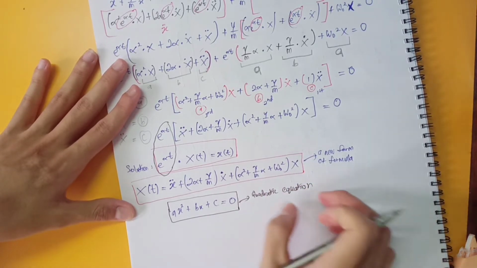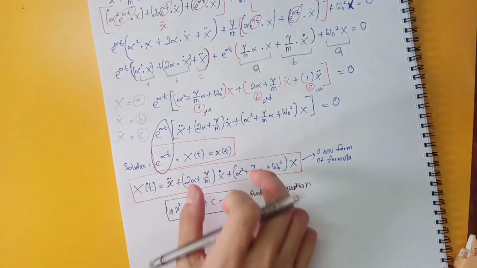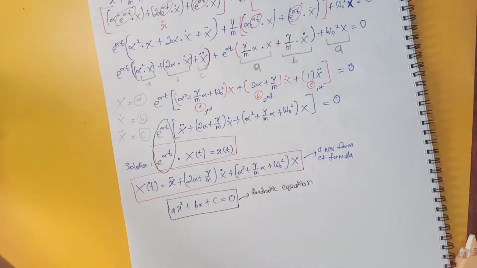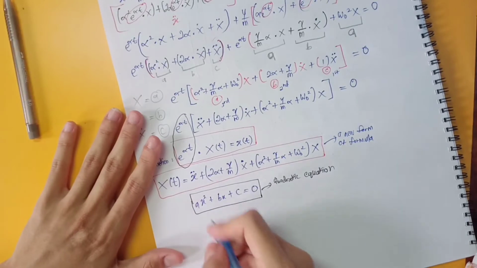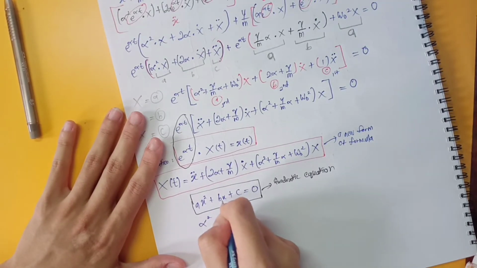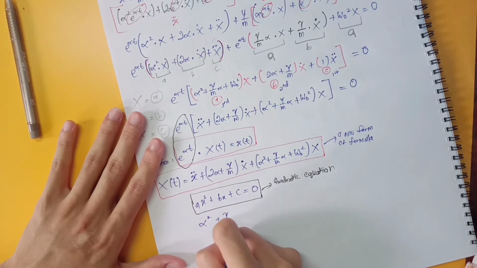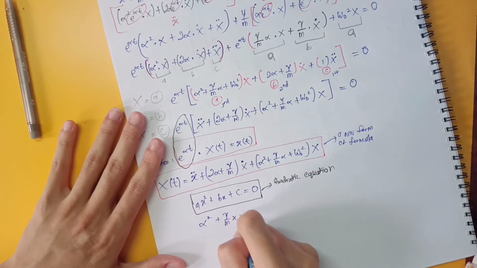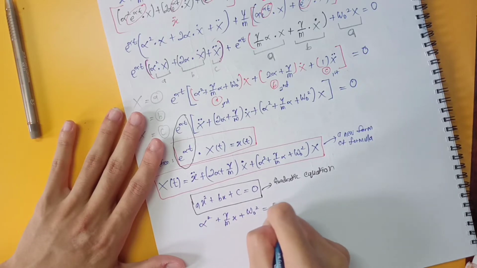So we want to make this resemble this. Make it that a x squared is equal to alpha squared plus b x as gamma over m x, and then plus omega naught squared equal to 0.